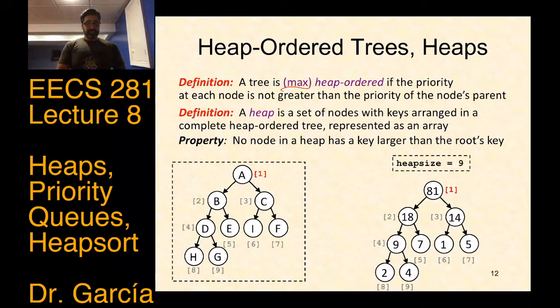Okay, so what is this heap property? Each node's priority is not greater than the priority of the node's parent. Here we're going to use the value of the nodes as the priorities themselves, but that's not necessary.